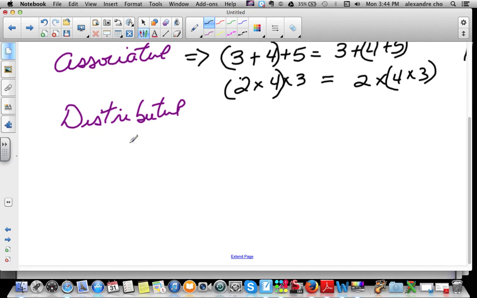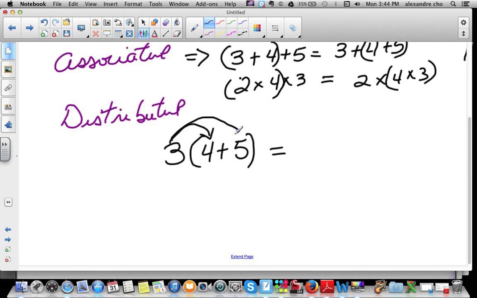Then you have the distributive property. The distributive property says this. Take 3, 4, and 5. Okay? You're distributing, or you're multiplying the number outside times every term inside.